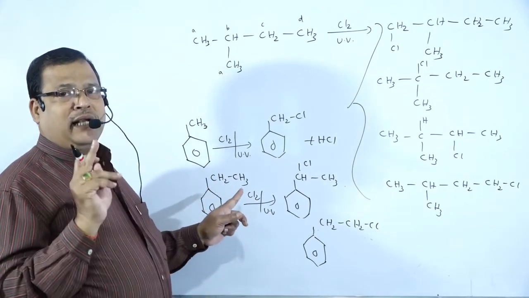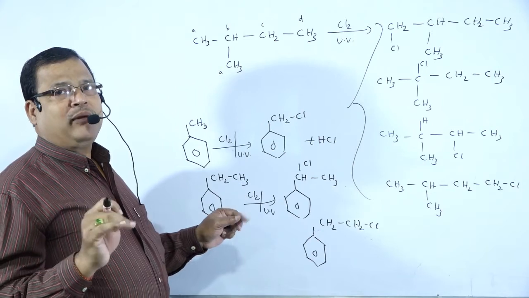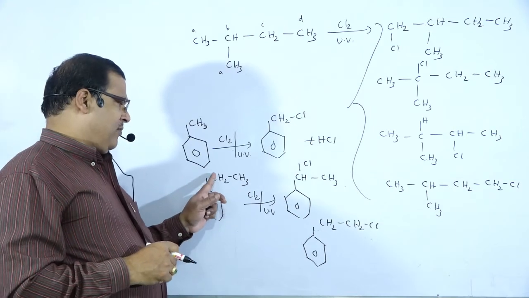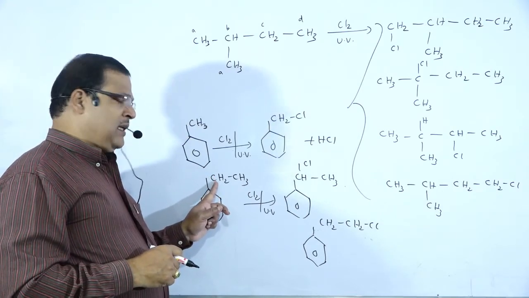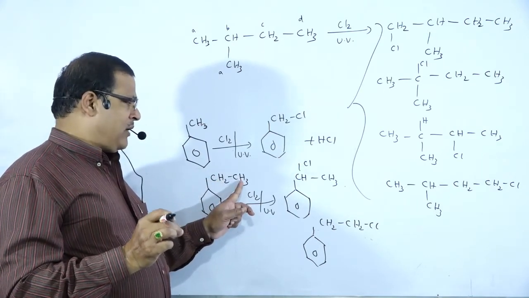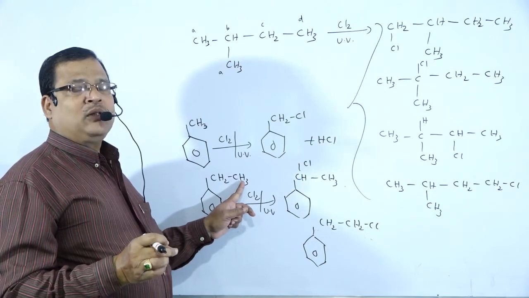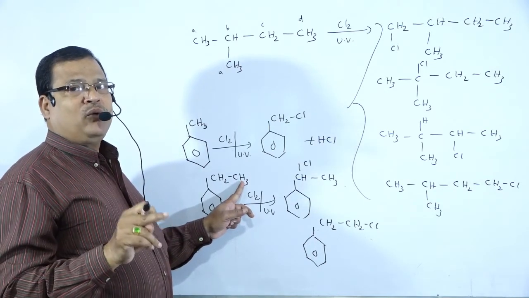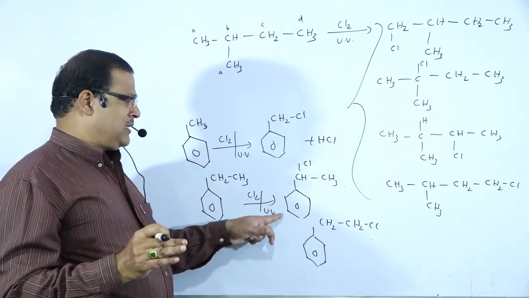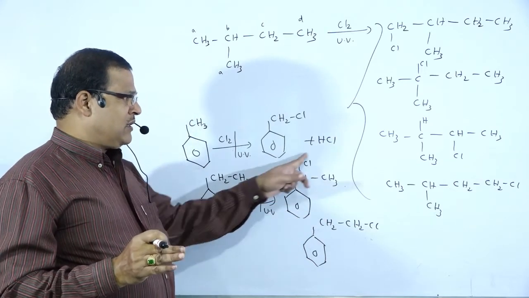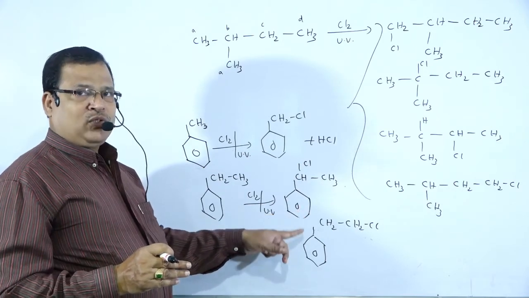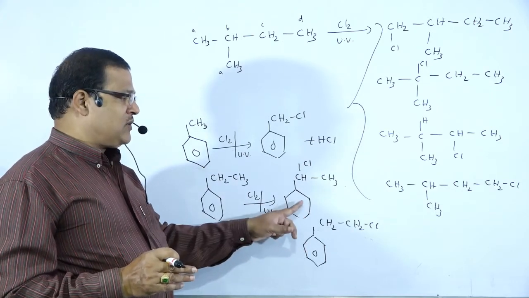Among them, the secondary free radical is more stable than the primary free radical, which we have already discussed in past years. Therefore the mechanism will lead to the formation of the prominent product, this compound. This will be produced as a side product, minor product, but this will be the major product.